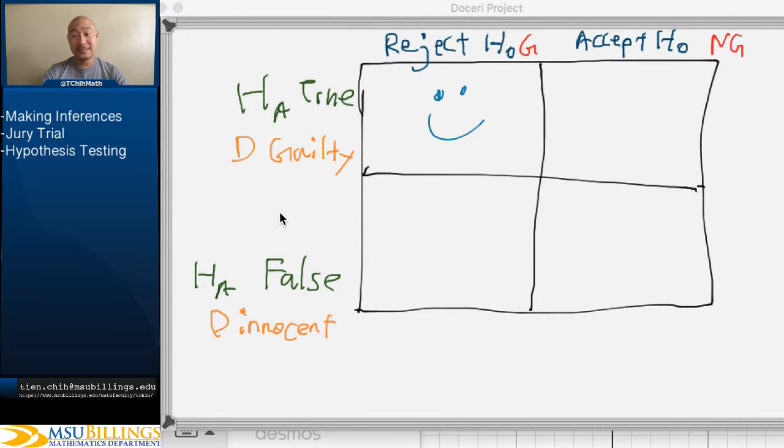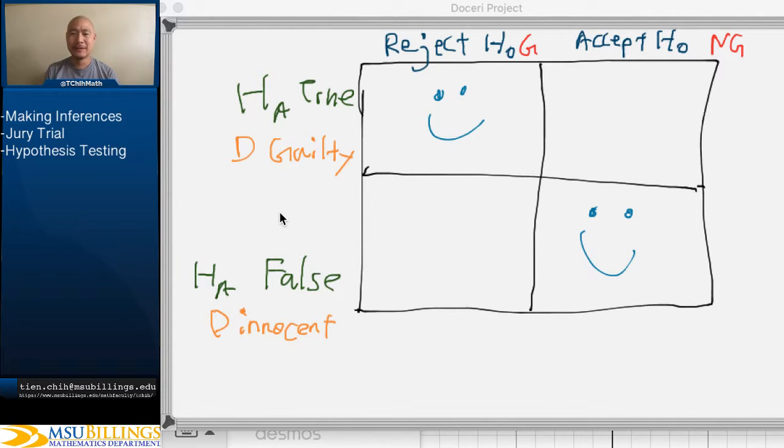If your defendant's innocent and you find them not guilty, that's also a good outcome, right? We don't want to assume guilt unless we have the evidence to show that they're in fact guilty. And similarly, if the researcher's claim is not true, then we probably shouldn't accept it, right? And so if that happens, that's also good.